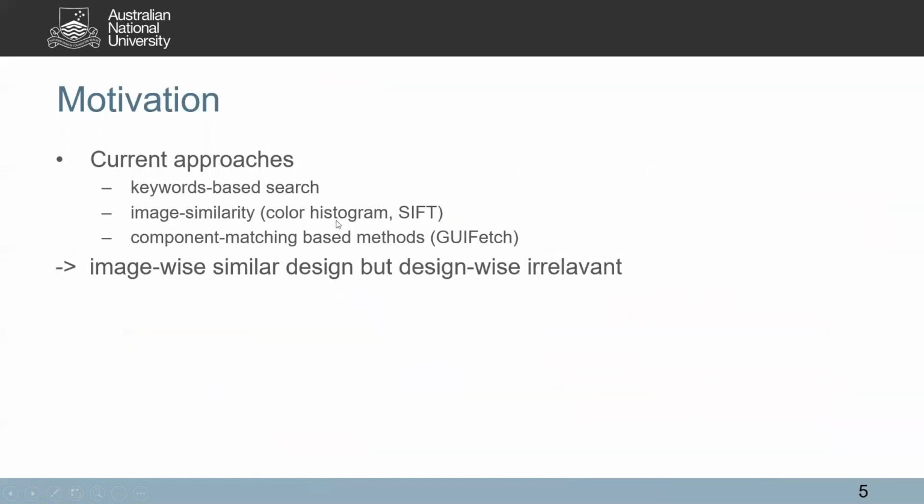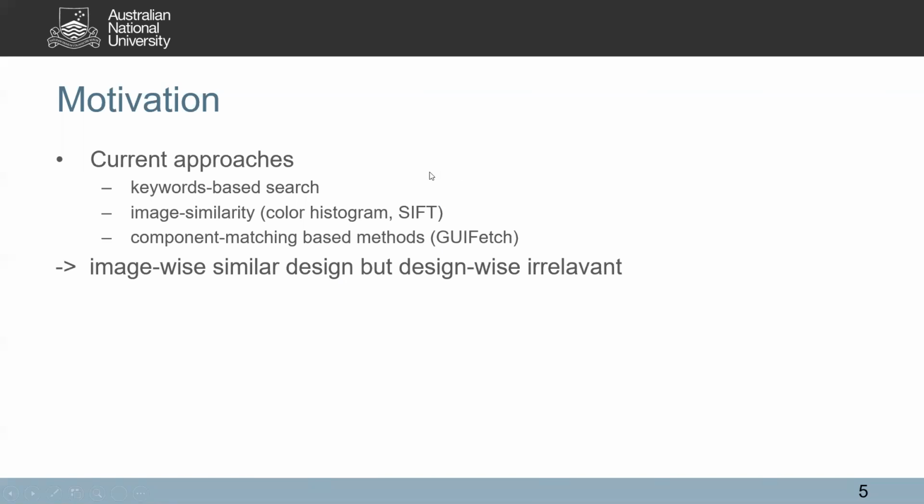There are three kinds of methods currently, namely keyword-based, image similarity-based, and component matching-based methods. Although these methods could provide some initial design inspiration, they couldn't understand the semantics of the whole UI design, and they couldn't perform the UI search in a more targeted manner.